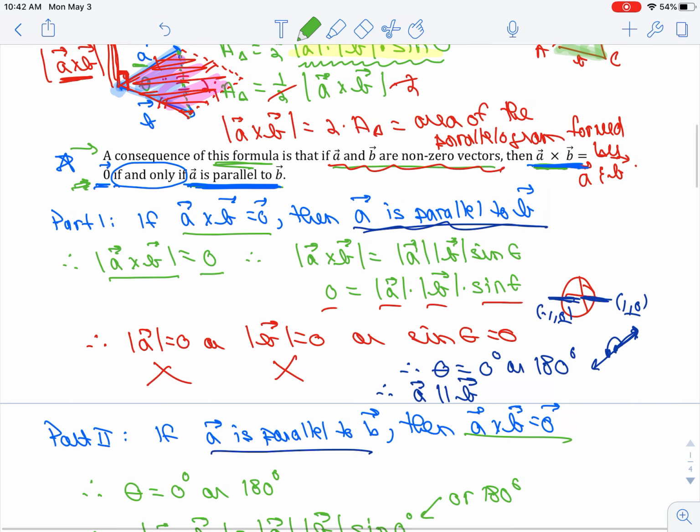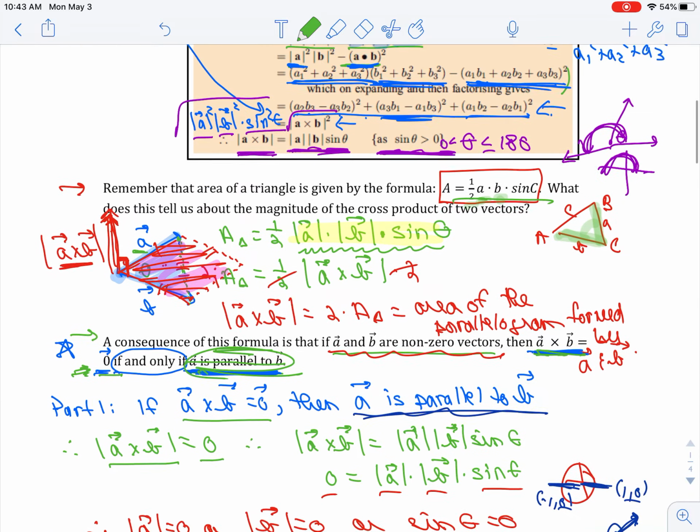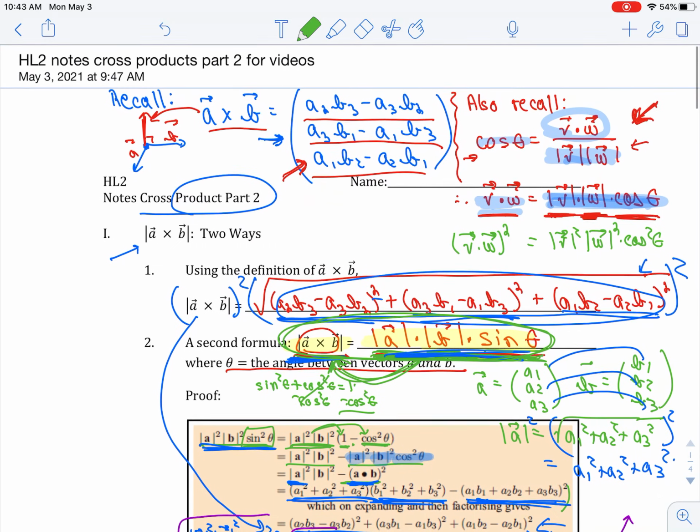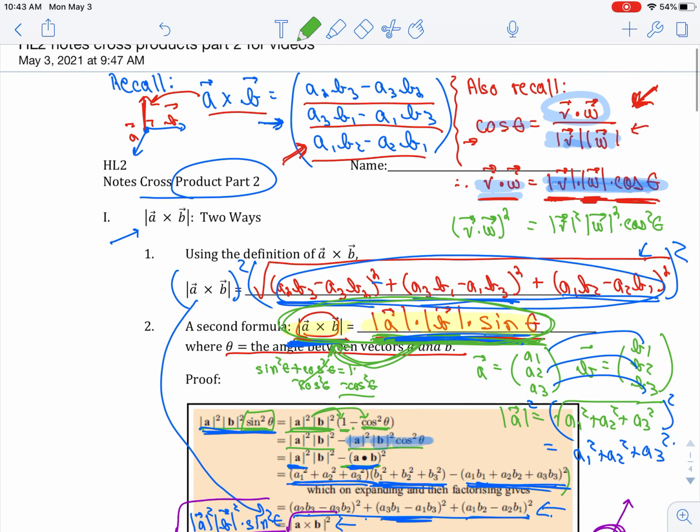Something I want to point out here is, remember that with the dot product, when the dot product was 0, our vectors were perpendicular. But when the cross product is the zero vector, then our vectors are parallel. And you can see some kind of strange correspondences between the dot product and the cross product. Some sort of backwards things.